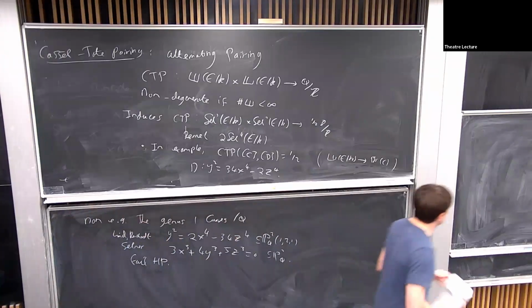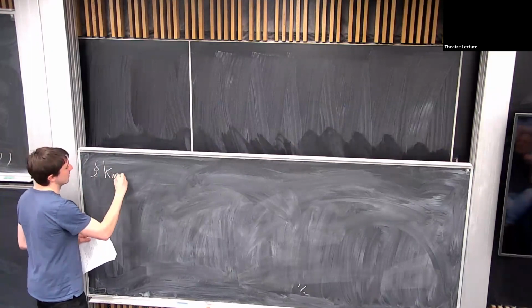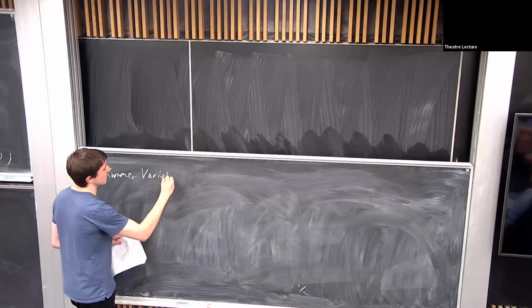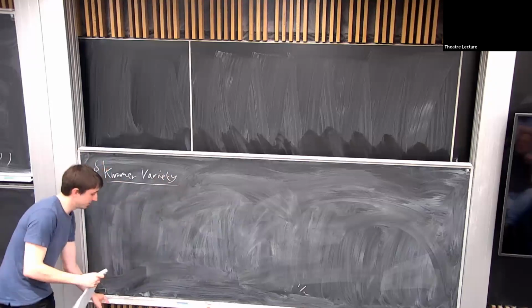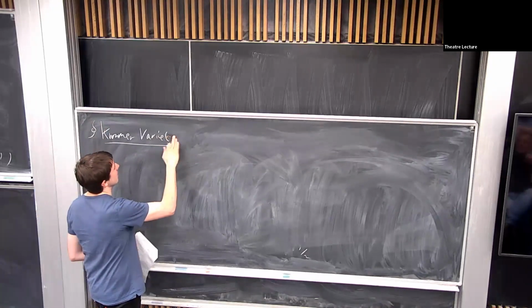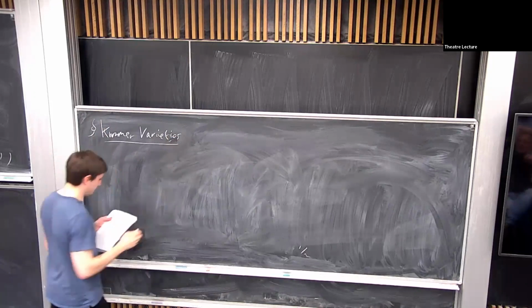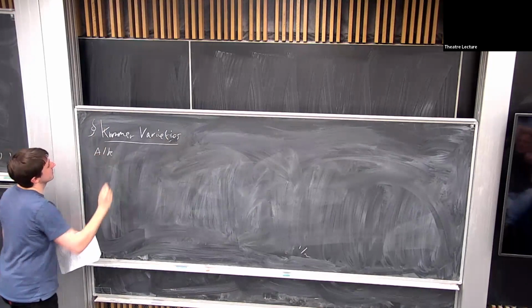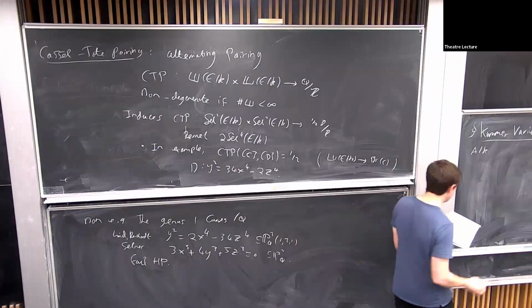Okay, so I'll talk about the Hasse principle for Kummer varieties. So let me say what I mean by a Kummer variety. The basic case is as follows. Suppose I have some abelian variety.